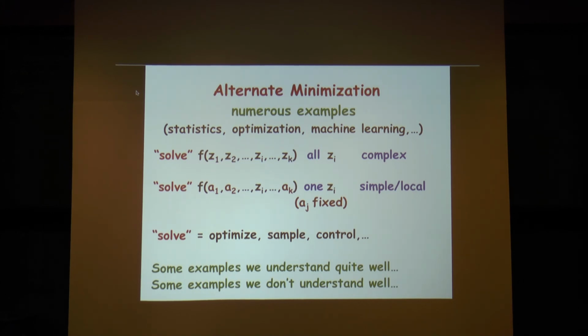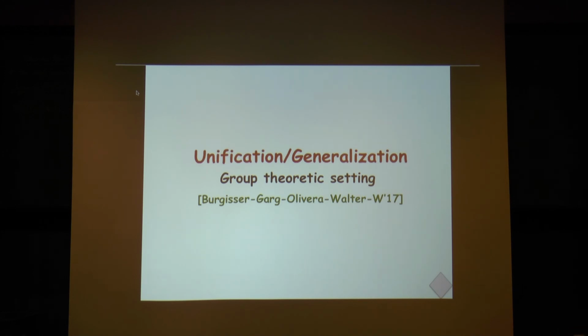Alternate minimization algorithms are those where we have a really complex global problem, but all we can do is optimize or solve in some sense when we fix all variables but one, and then we can iterate and alternate between them. I want to tell you examples we understand well and examples we don't understand well, but I will not do this. So I need to go to the end.